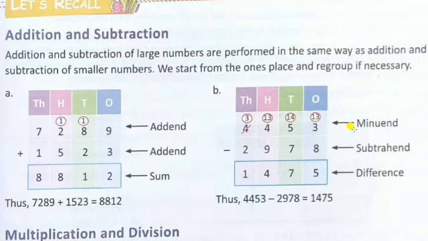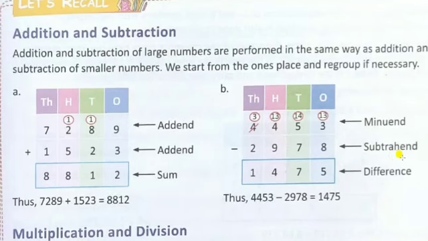The group of bigger digits will be minuend, and the group of smaller digits will be known as subtrahend. Means whatever you are subtracting is the subtrahend. From which number you are subtracting is the minuend. And after subtraction, whatever answer you get is known as difference. Means after subtracting a smaller number from a bigger number, the value which we are getting is the difference.